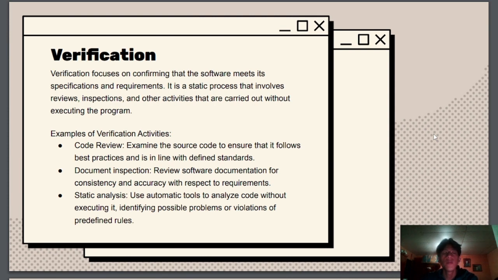Document inspection: review software documentation for consistency and accuracy with respect to requirements. Static analysis: use automatic tools to analyze code without executing it, identifying possible problems or violations of predefined rules.